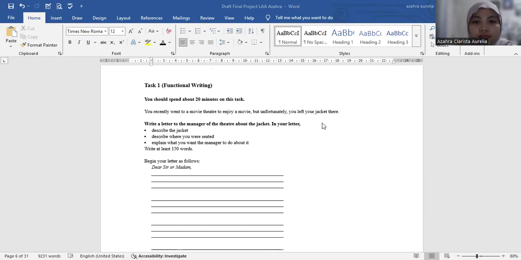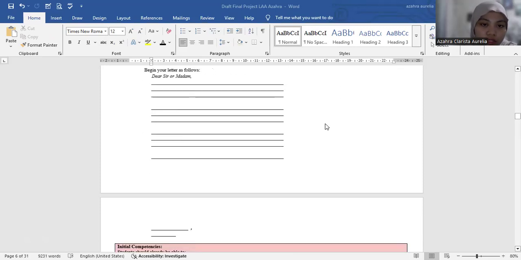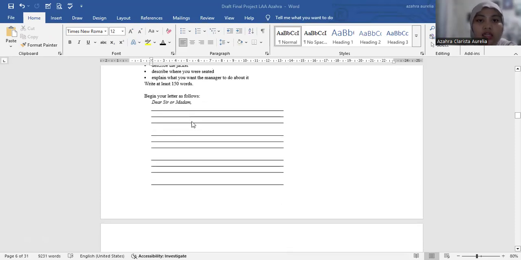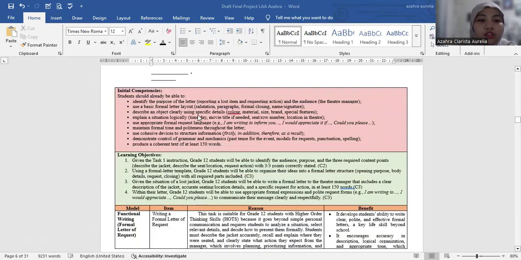In this task, the students have to write a formal letter to a movie theater manager about a lost jacket. The initial competencies of this task are that the students should already be able to use a formal tone, describe objects in detail, and make a polite request.